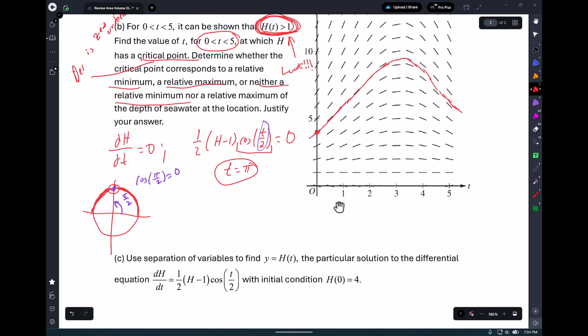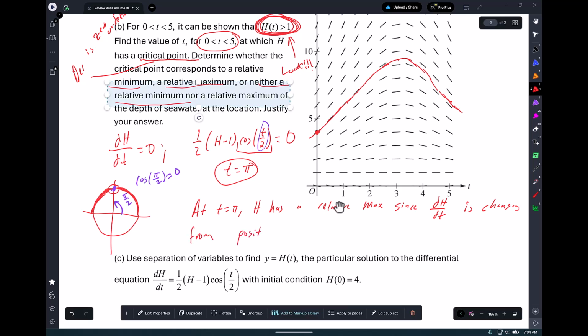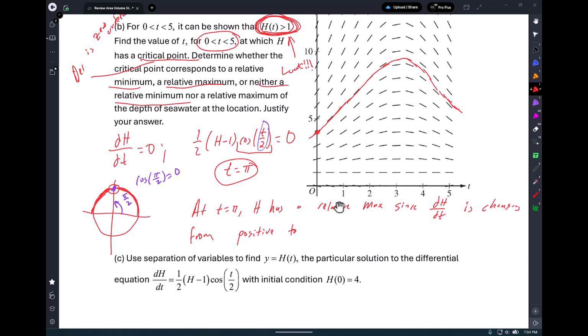So I'm going to write: at t equals pi, h has a relative max since dH/dt is changing from positive to negative at t equals pi. There it is, guys. I would say that's full credit.